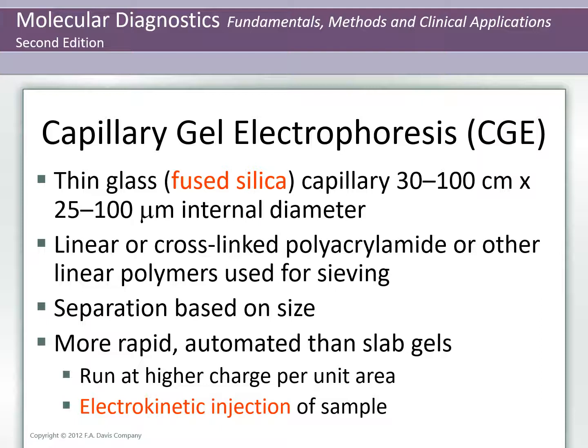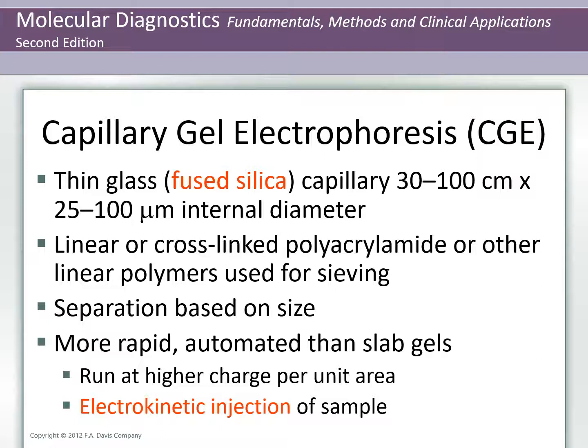As mentioned before, the separation is based on size, and capillary gel electrophoresis is a more rapid, automated technique than slab gels, and it runs at a higher charge per unit area. The sample is introduced into the capillary through either electrokinetic, hydrostatic, or pneumatic injection.